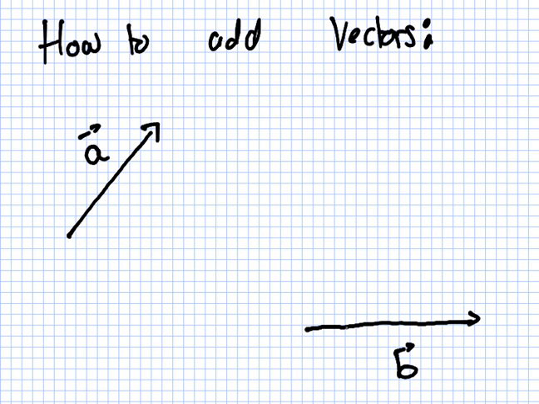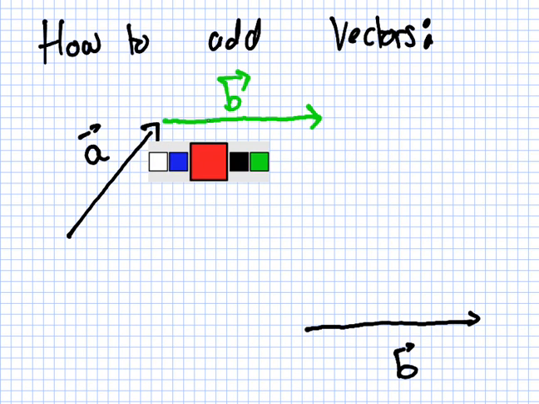What we need to do first is move this vector to be at the end of this one. Yeah. So what I've done there is I just drew this here. I moved this here like that. Now I'll show you how to do it more accurately in a moment, but I just want to give you the basic idea. When you have two vectors and you want to add them together, you put one vector at the end of the other vector, and then the answer is this.